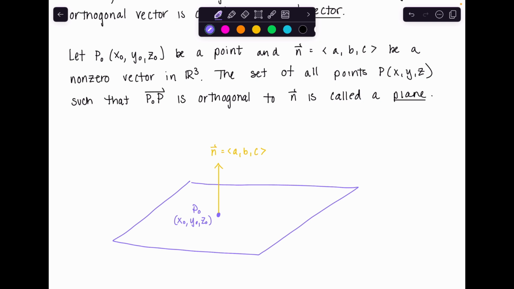I want to find all of the points so that when I draw the vector out to here, this vector forms a right angle with my normal vector. The endpoint of each of these is P, which has arbitrary coordinates x, y, z. And if I were to draw the vector back here, it's going to form a right angle with that normal vector.